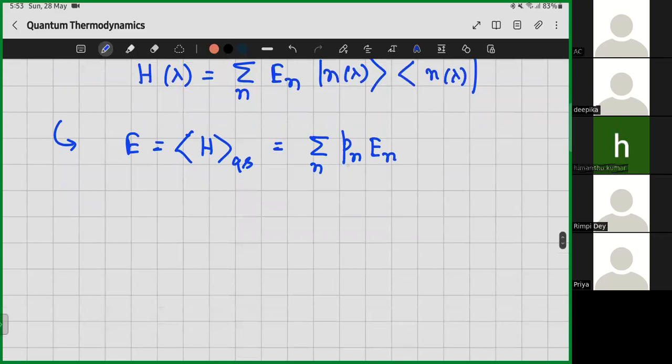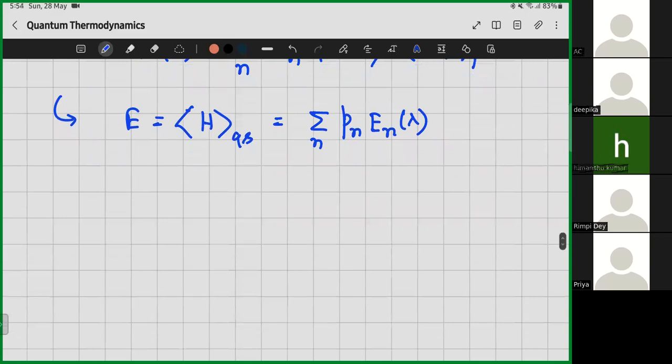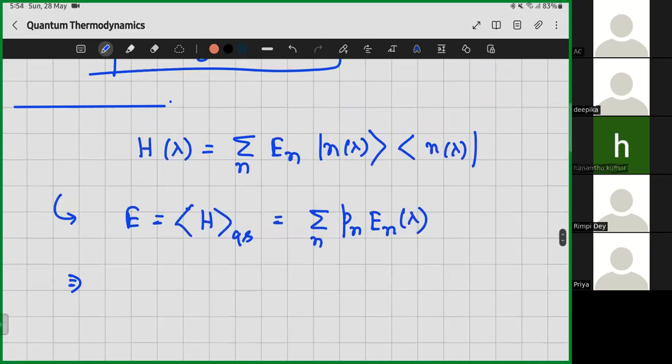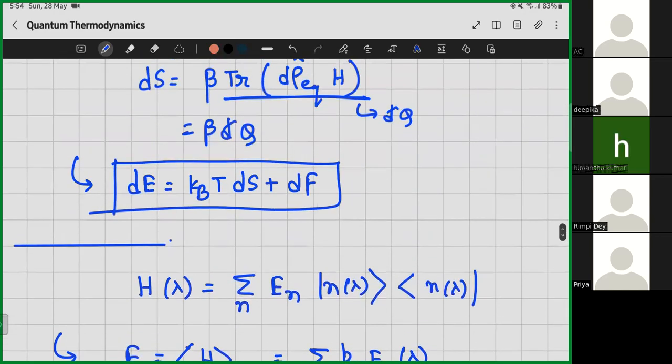Pn is the probability of finding the state n, and En is its energy. This is parameterized with lambda. So dimensionally it is consistent with the previous equation, this one, the energy equation.